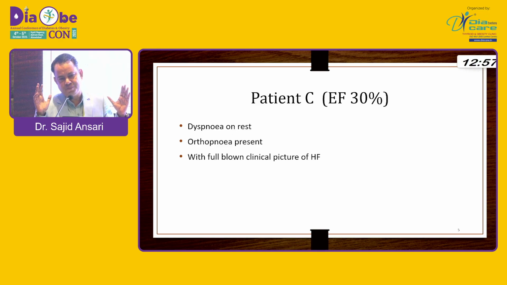Suppose for patient A, end diastolic volume is 40 ml and end systolic volume is 30 ml. If you calculate the ejection fraction, 40 minus 30 upon 40, it is 25%. Suppose patient B, end diastolic volume is 40 and systolic is 60 ml.